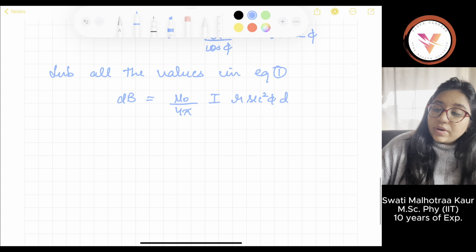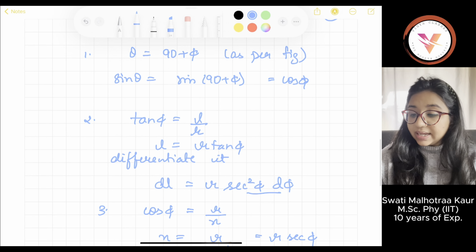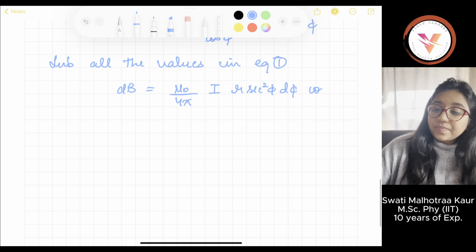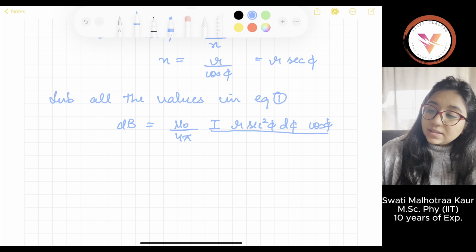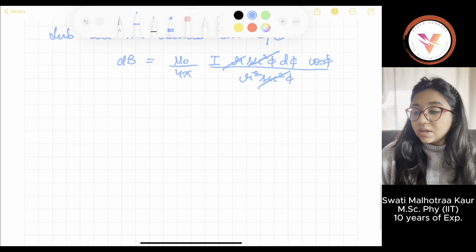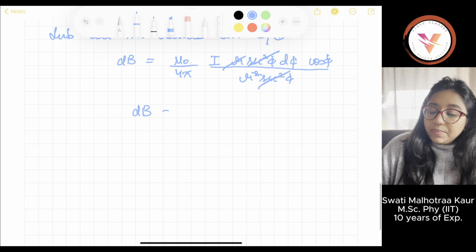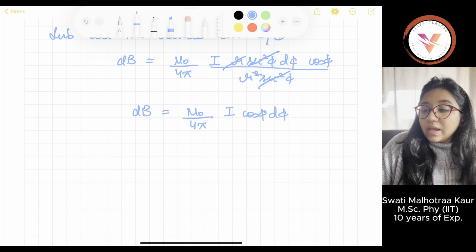Then sin theta can be written as cos phi. Then x square can be written as R square sec square phi. Okay, you can just cancel the terms and dB comes out to be mu naught over 4 pi I cos phi d phi, and then you have R here.